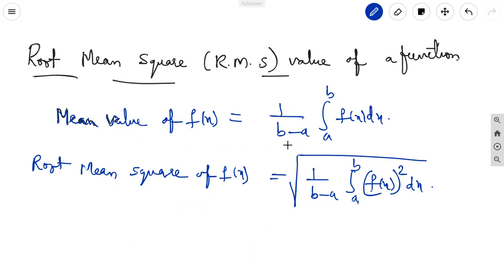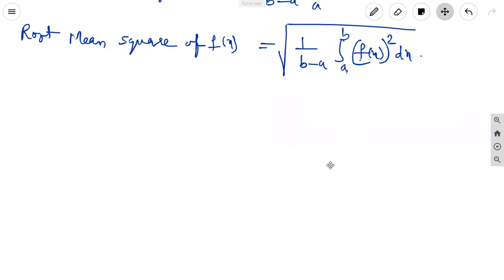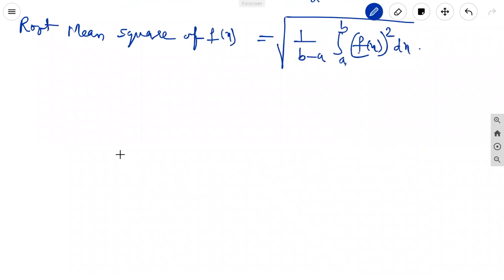By the mean value formula, we can find out the mean value of the function. First, we discuss some periods. For example, we take sin x. When we get the sin x, sin of 2 pi plus x, after the completion of one rotation, then we are getting the sin x.